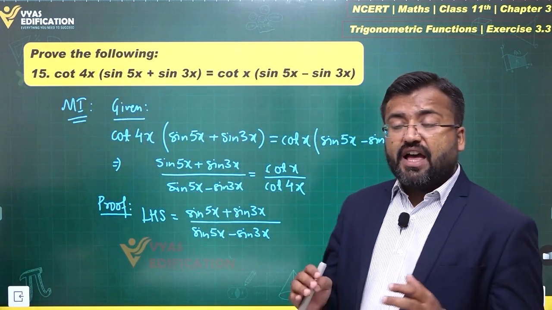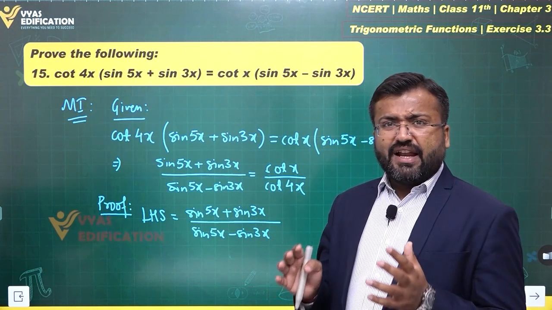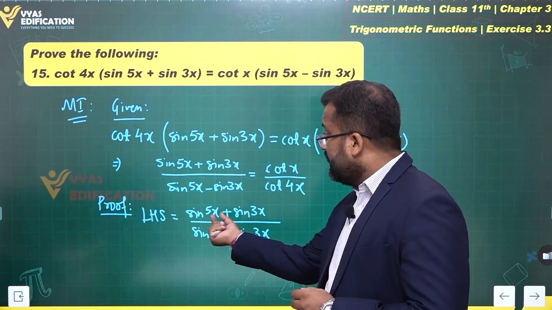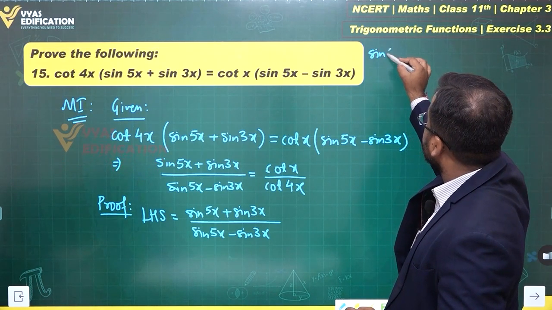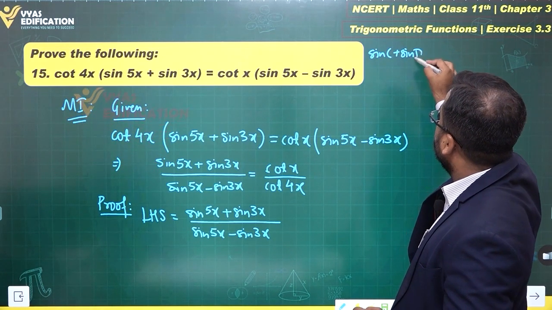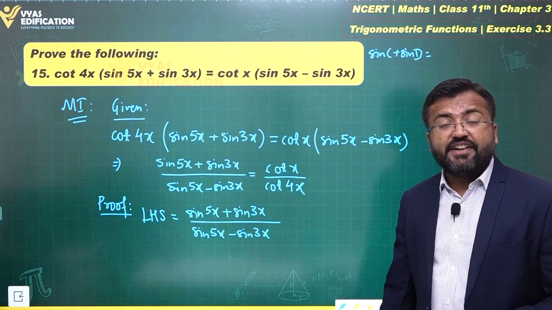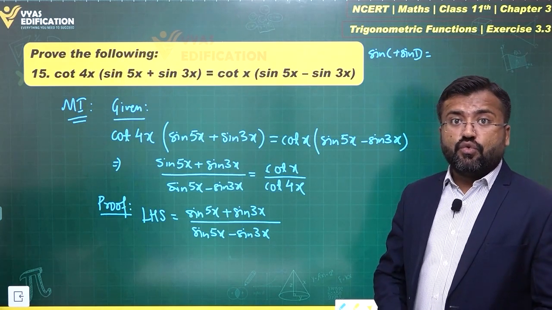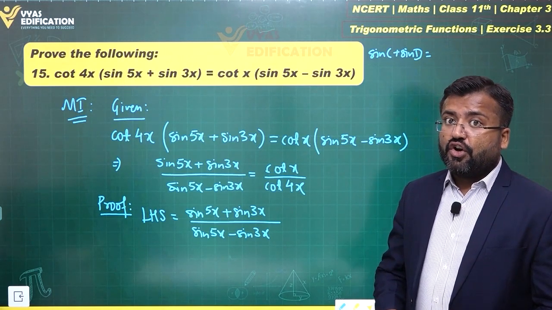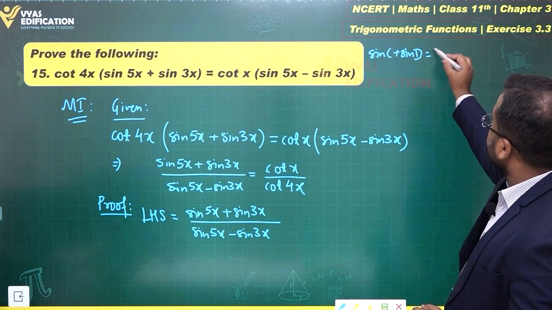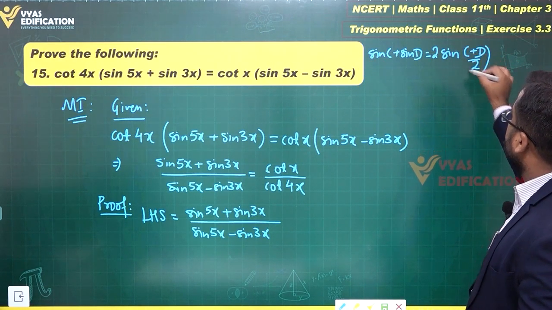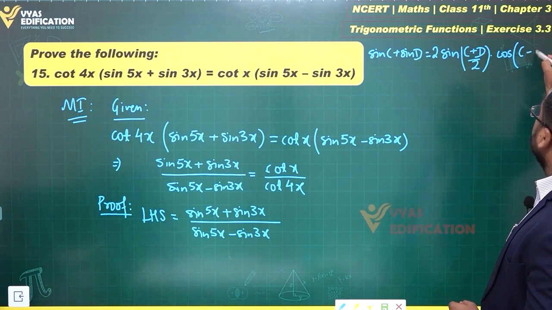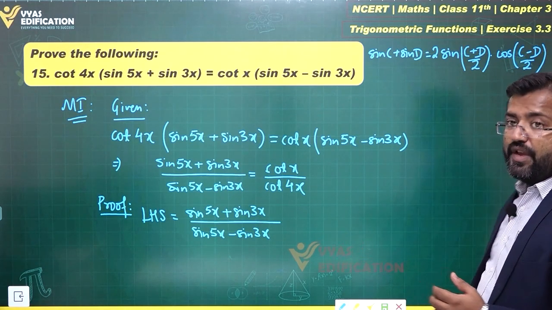In the numerator you have something looking similar to sin C plus sin D, right? So what is the identity for sin C plus sin D? This is a familiar identity, right? Sin C plus sin D is 2 sin (C plus D)/2 cos (C minus D)/2.